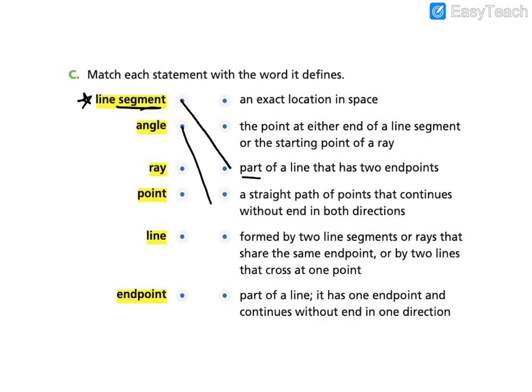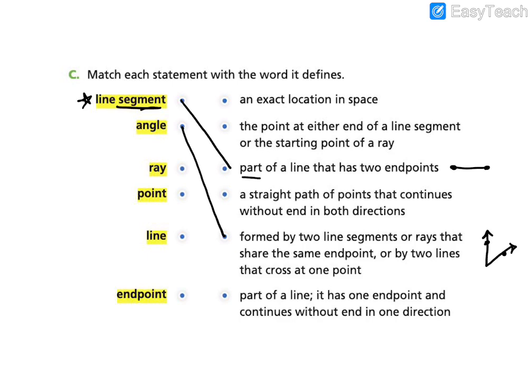An angle is formed by 2 line segments or rays that share the same endpoint, or by 2 lines that cross at one point. So a line segment will look like that, right? And an angle looks like that. And sometimes it's formed by 2 rays, sometimes 2 line segments, and sometimes 2 intersecting lines.